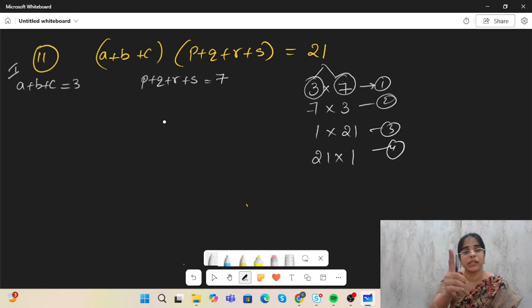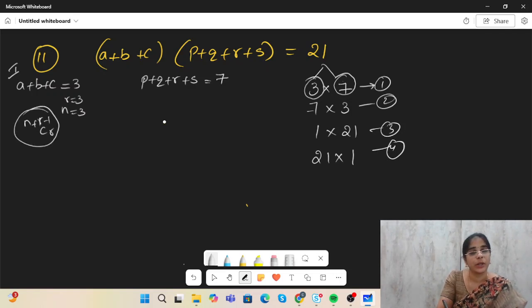So in case 1, a plus b plus c should be 3, p plus q plus r plus s should be 7. Here your r equal to 3, n also equal to 3, n plus r minus 1 C r is what you apply. What is it? N plus r, that is 6, 6 minus 1, that is 5C3 from that case, times what about here?